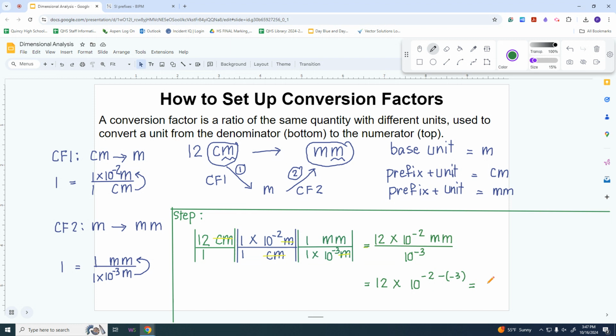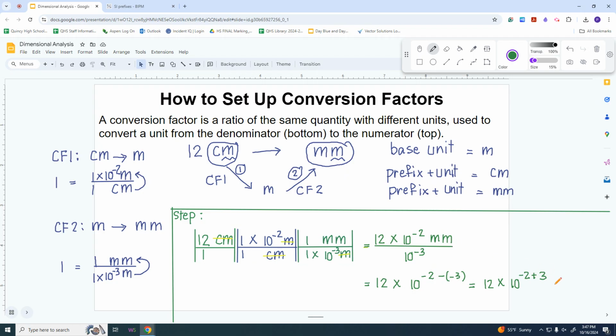So that's going to equal 12 times 10 to the negative 2 minus minus, so that's positive 3, okay?